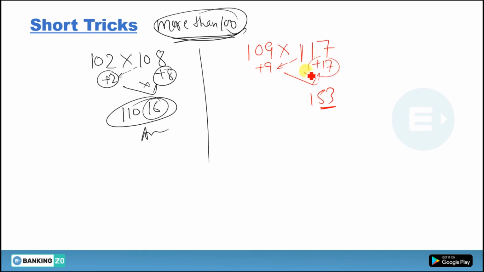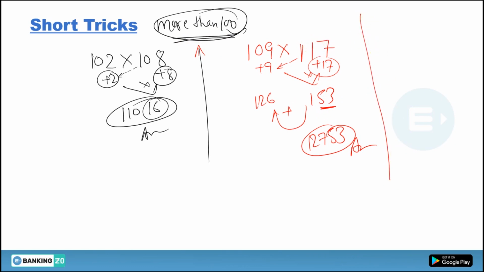Both things will be the same. Okay, so 117 plus 9, you're getting 126, and this one carry will go here, and you are going to get 12753, and this one is the answer. I hope this trick is very clear to you. Okay, and these are very incredible tricks and will make your questions solve in very quick time.